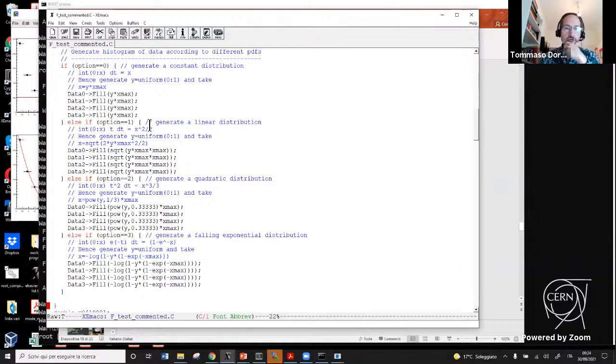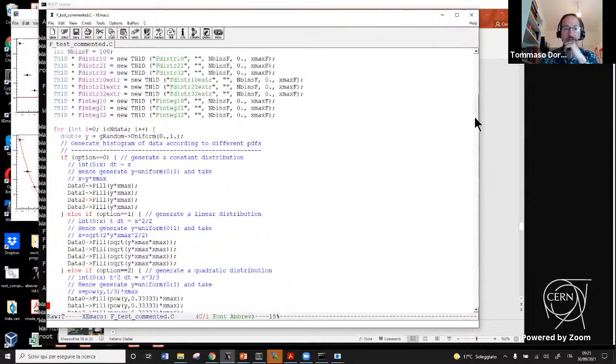It allows you to draw data from a Gaussian or from a Poisson, but not from anything. So you will generate uniform data, and then you will calculate the integral of the model, and then do the inverse of the cumulative distribution function to get a number distributed as any function that you want.